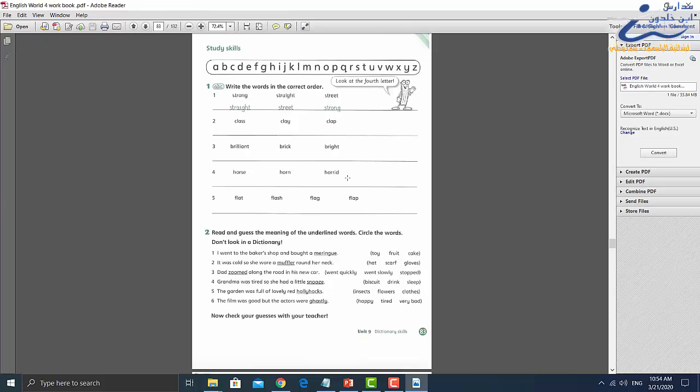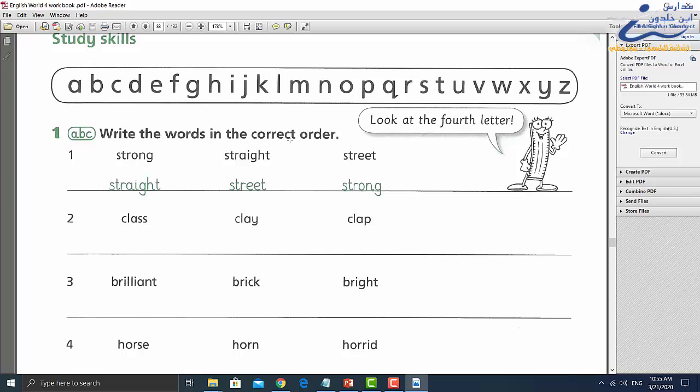Okay, open your workbook now on page 83. Question number 1. Write the words in the correct order, according to the alphabetical order. Here we have number 1, strong, straight, street. What's the first word?